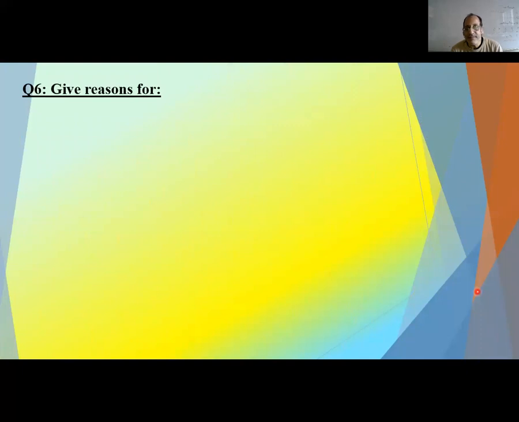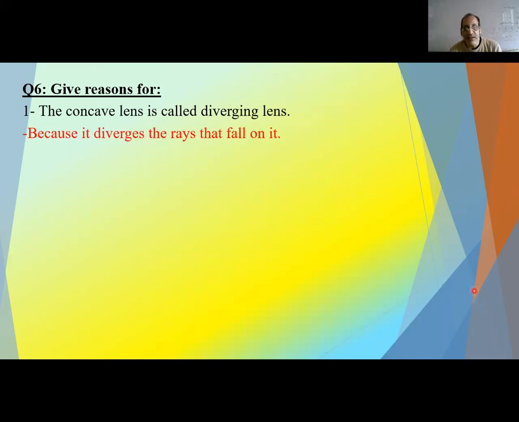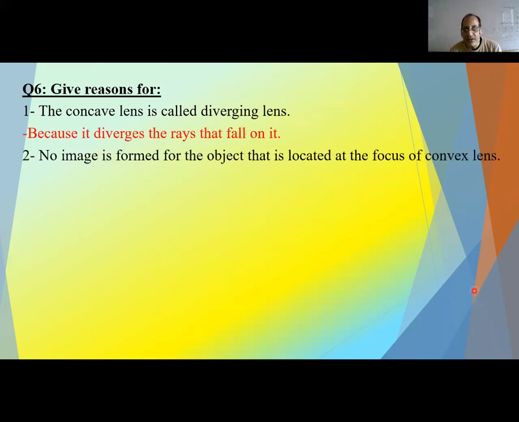Give reasons. The convex lens is called diverging lens. Very easy. Diverging means separating or scattering. So the convex lens is this separating lens or scattering. Because it diverges the rays falling on it. No image is formed for the object that is located at the focus.